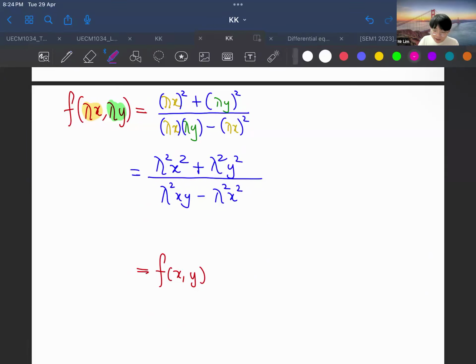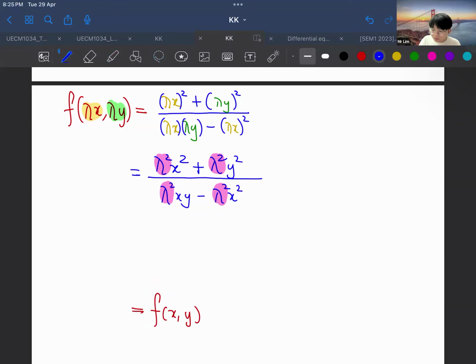And if you notice, all terms have a λ squared multiplied with them. So what we can do is factor it out. If we factor this λ squared out, I get λ squared in both numerator and denominator as a common factor.